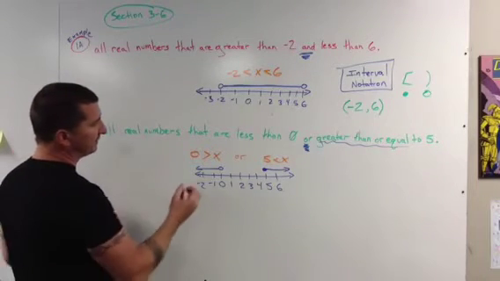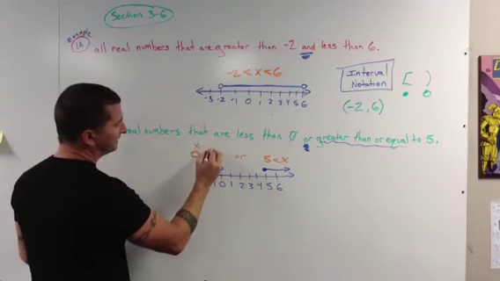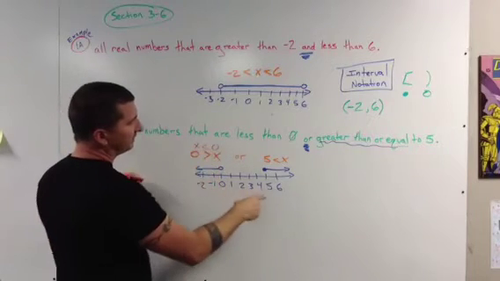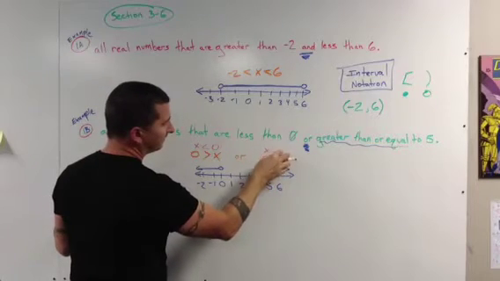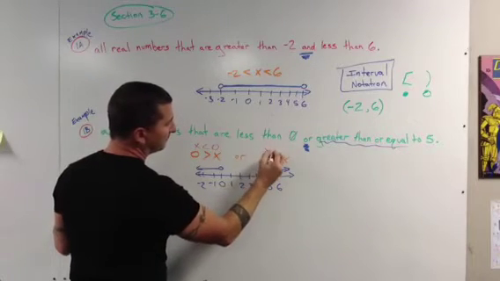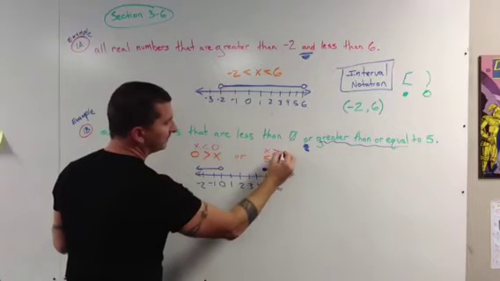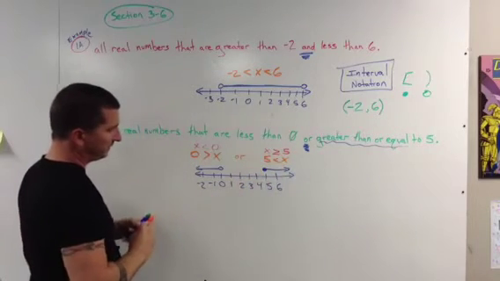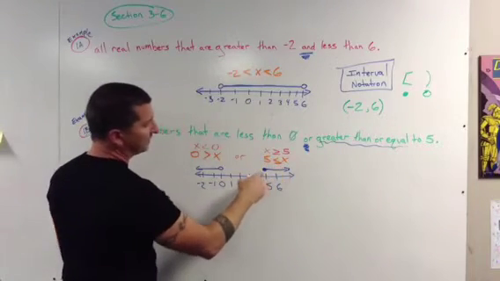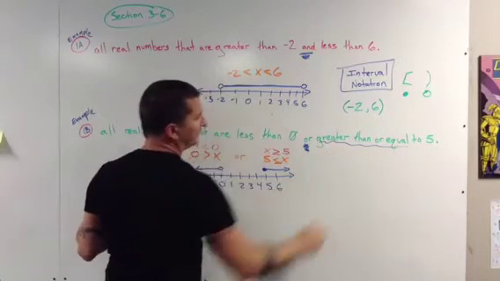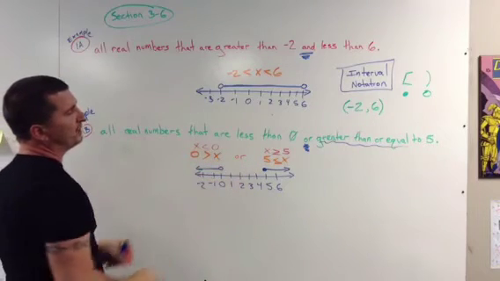Now you can flip those if you'd like so that it reads x is less than 0 or x is greater than or equal to 5. Forgot my equal to sign there. That's what makes it closed. It says greater than or equal to. So there's a couple different ways you can write that.